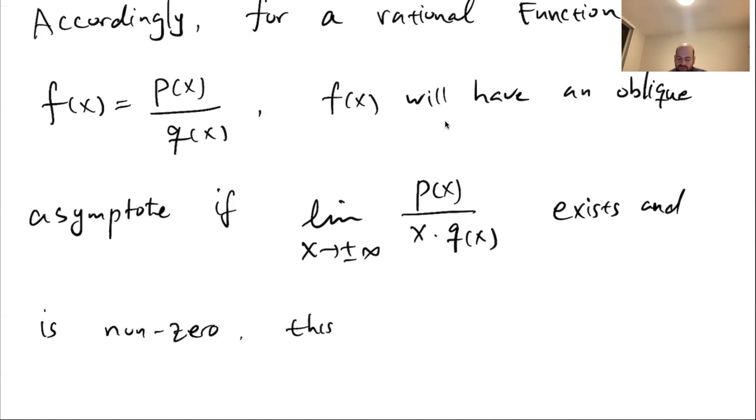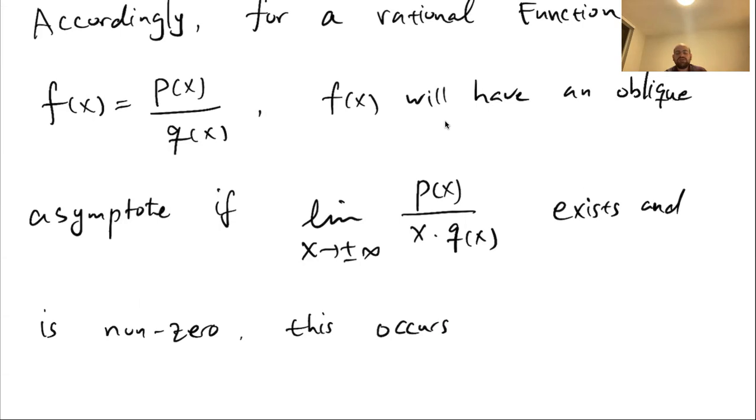When can I say that the limit of a polynomial over another polynomial exists and is non-zero? If the degrees of top and bottom are equal. Because if the degree of top is more, then the limit will be infinity or minus infinity. If the degree of bottom is more, then the limit will be zero.